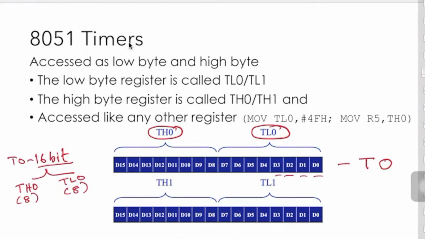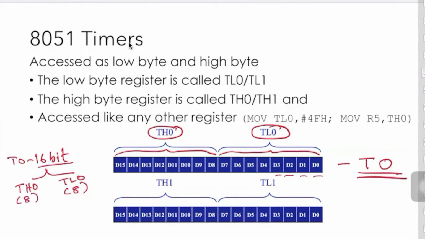D0 to D7 constitutes the timer 0 lower byte, and D8 to D15 constitutes the timer 0 upper byte. So together it is a 16-bit timer.